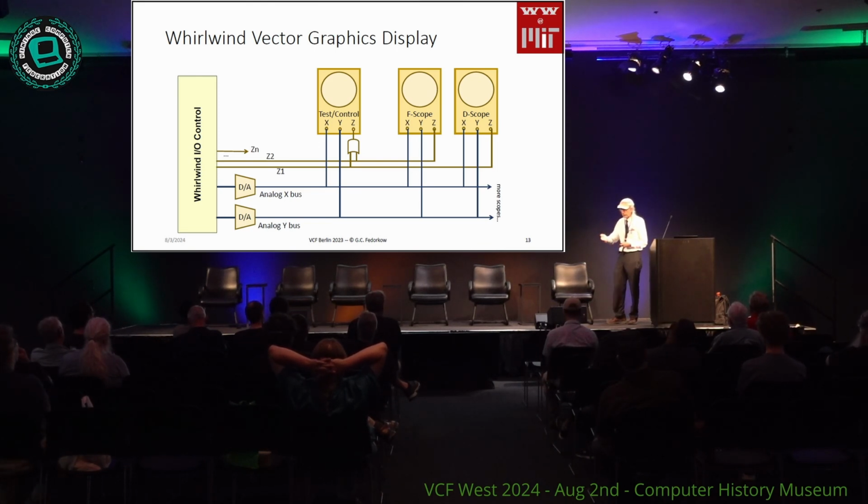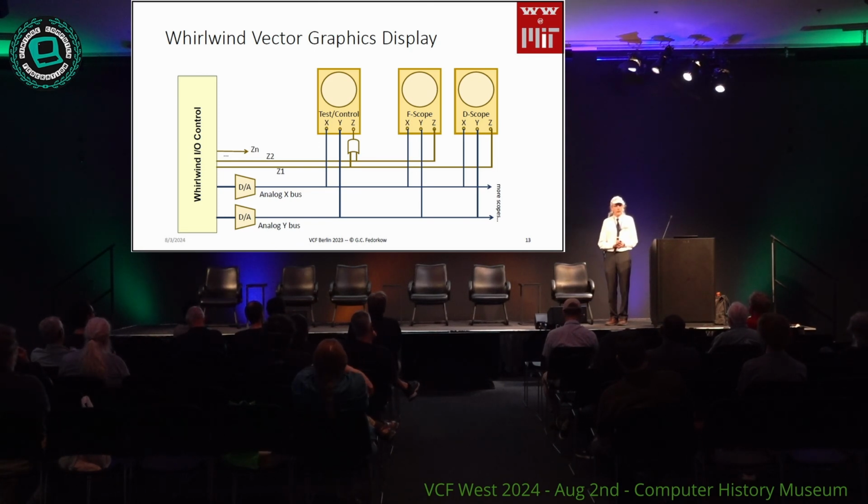The graphical system is astonishingly simple. You take two D2A converters, you connect them as I/O devices, and if you want to point on the screen, you put the X and Y into the two D2A converters and you turn on the intensity for 50 microseconds. And if you want a point to stay there, you keep doing it.